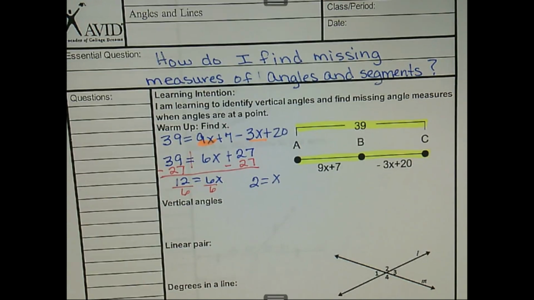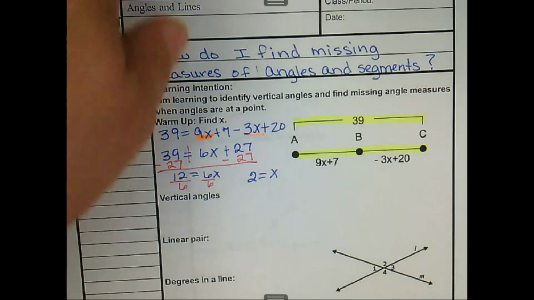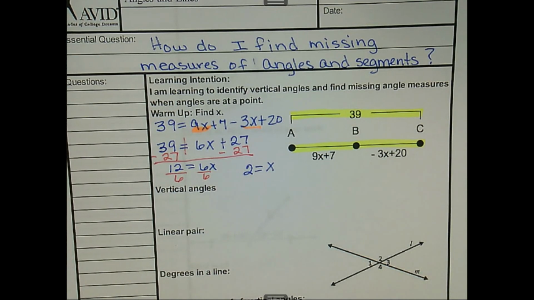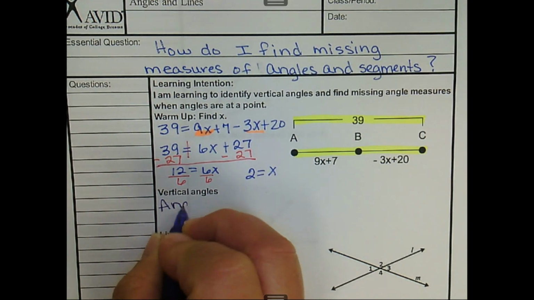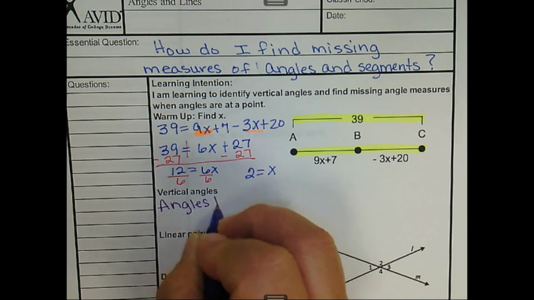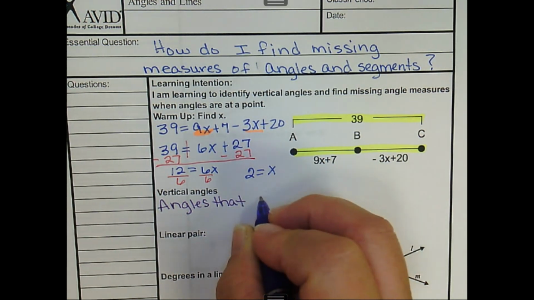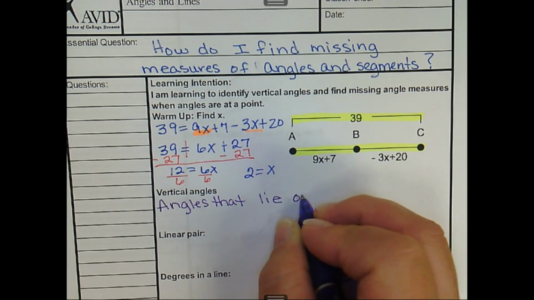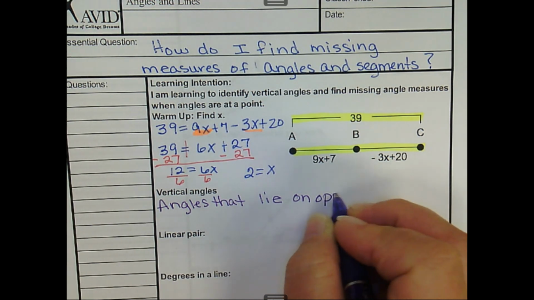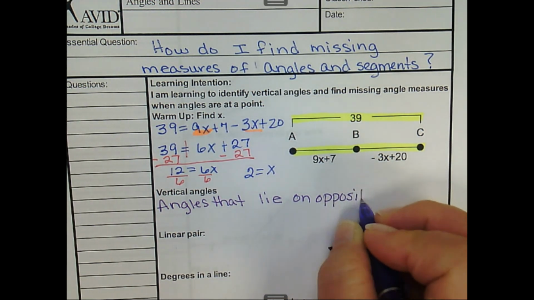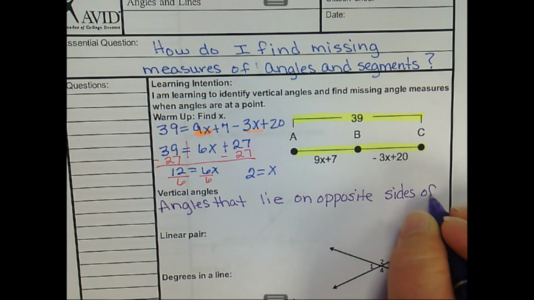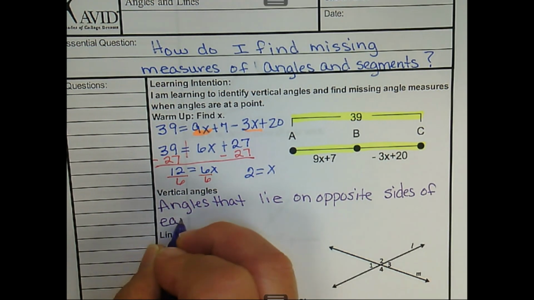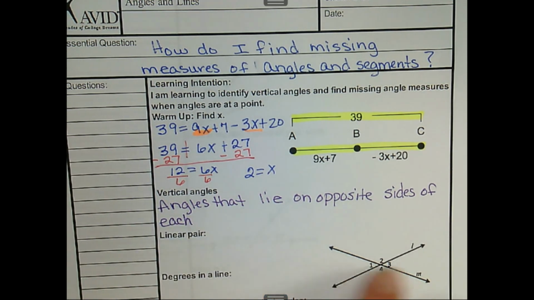So, first thing we're going to look at is vertical angles. Vertical angles are angles that lie on opposite sides of each other when two lines intersect. So take a minute and look.